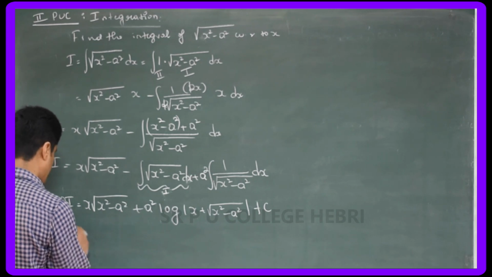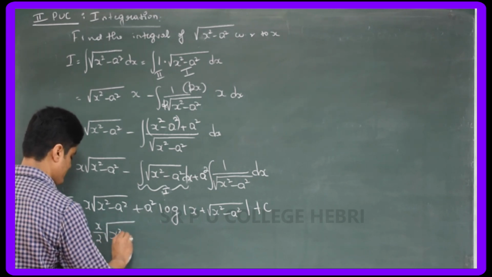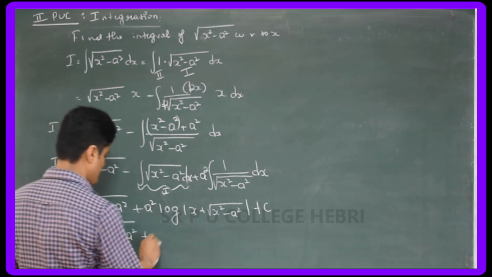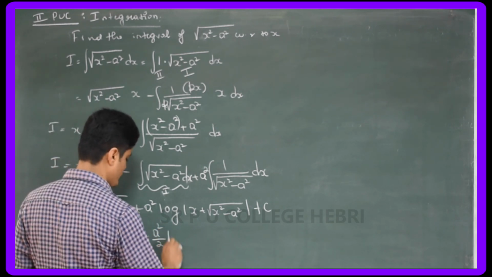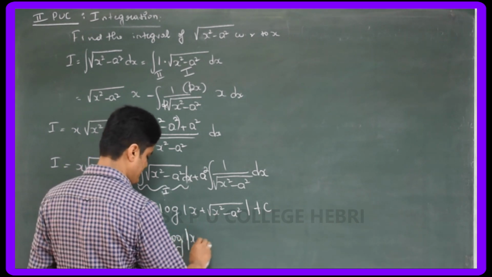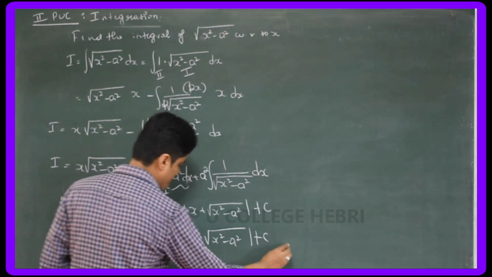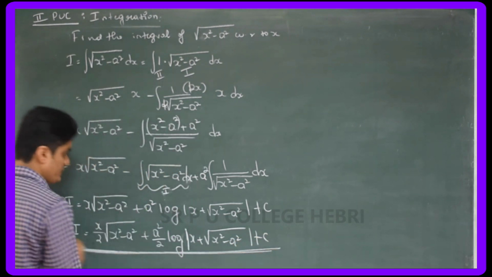So what is required? I is required. What is I? x by 2 into root of x square minus a square plus a square by 2 into log of mod of x plus root of x square minus a square plus c. So this will be the final answer.